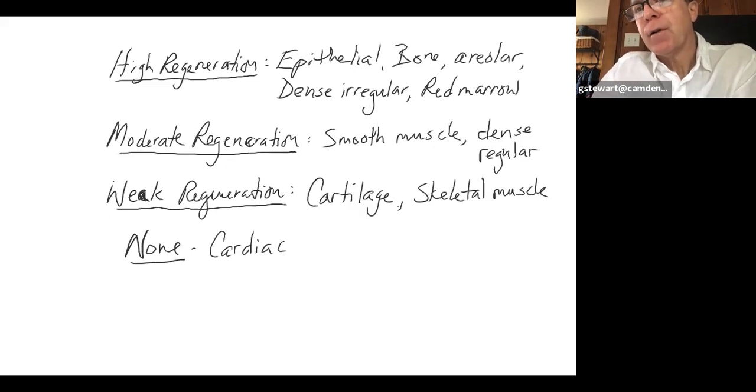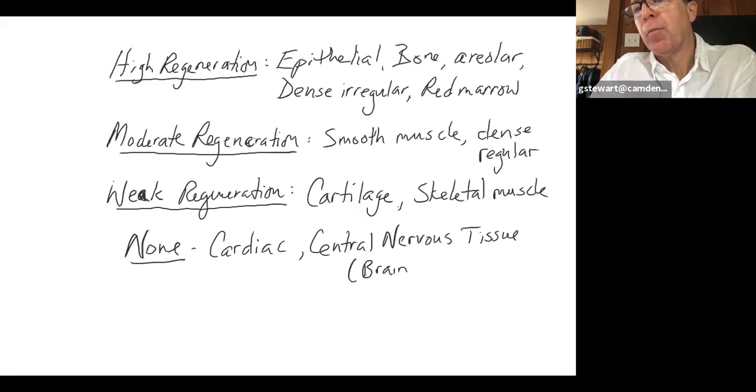And if that happens, heart muscle dies quickly and it doesn't come back. So cardiac muscle and pretty much central nervous tissue, the brain and the spinal cord, have very little to zero regenerative capabilities.